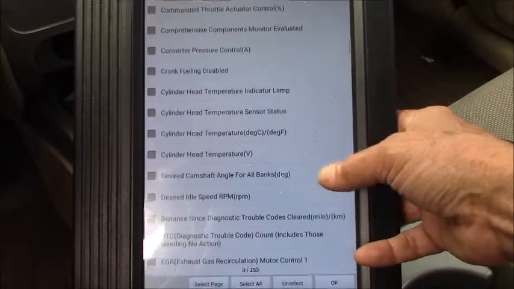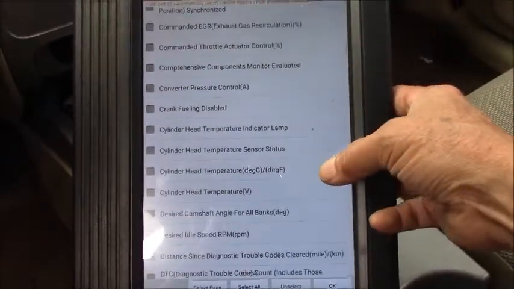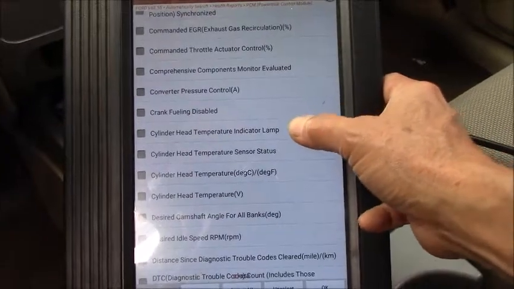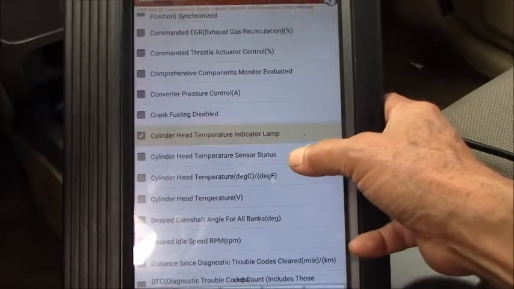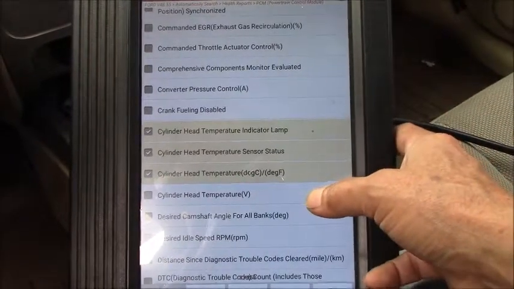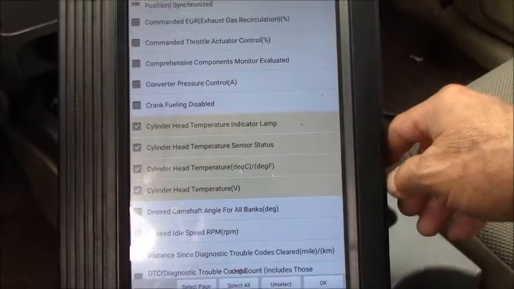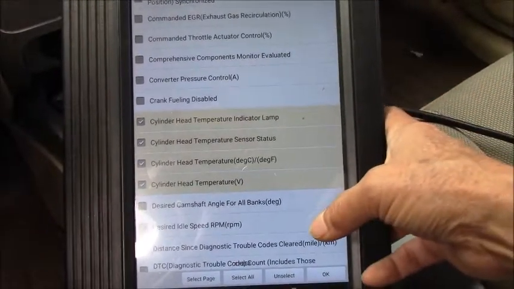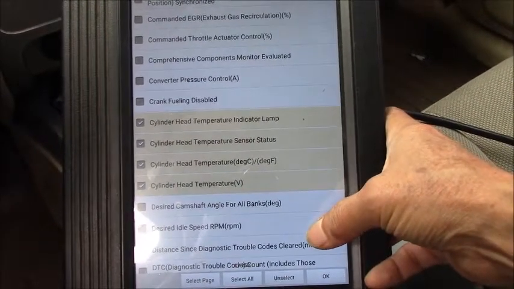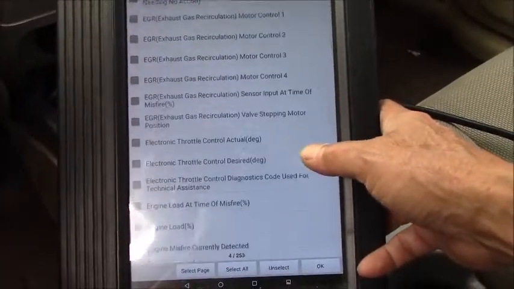Okay, we have here the cylinder head temperature indicator lamp, the head temperature sensor status, the head temperature sensor degree, and the head temperature voltage. I think that's all we need for now.